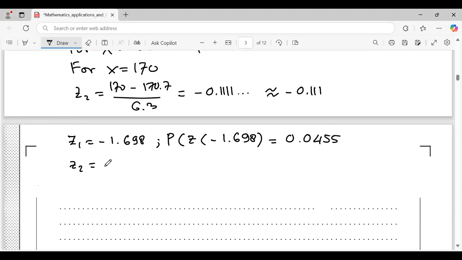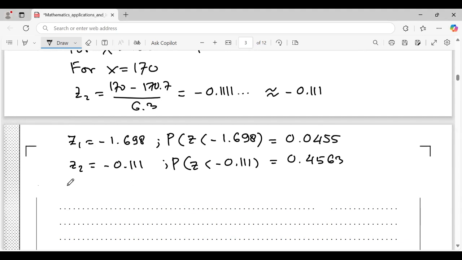And if z equals minus 0.111, the probability z less than minus 0.111 equals 0.4563.